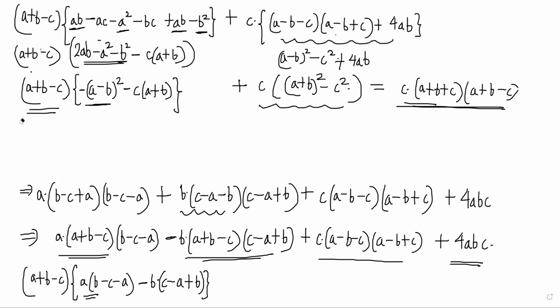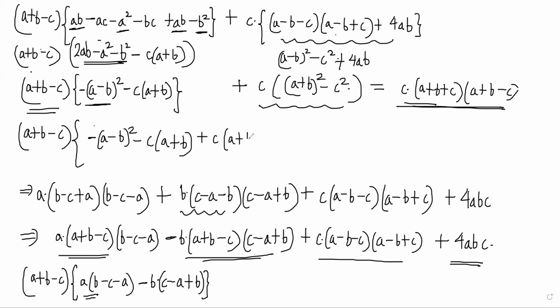If I take A plus B minus C common between the first and second term, I get minus of (A minus B) whole square minus C into (A plus B) plus C into (A plus B plus C). Nice.